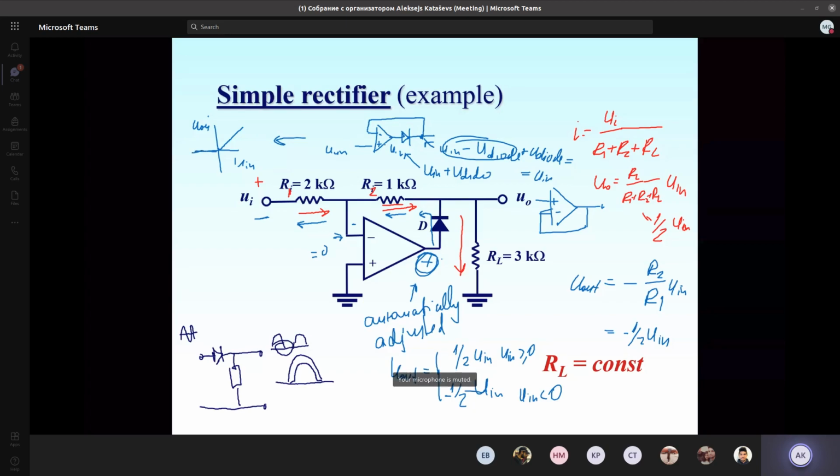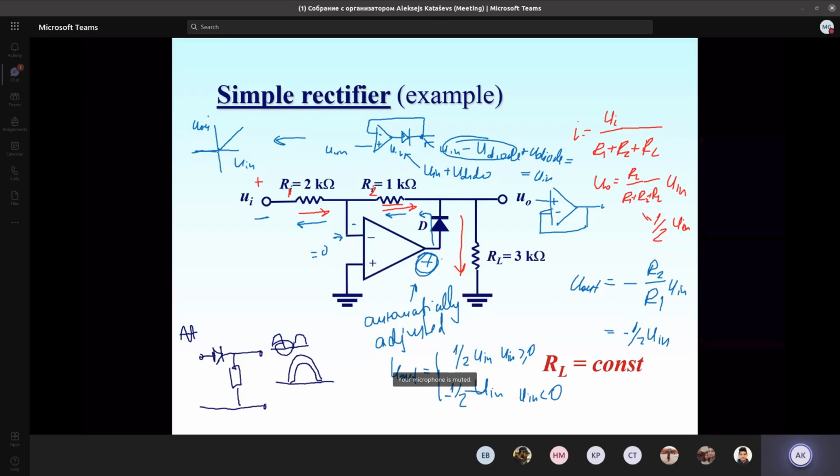Generally, it will not be 0. It will be some very small voltage related to the reverse current, but actually it will be nearly 0 when U in is lower than 0.